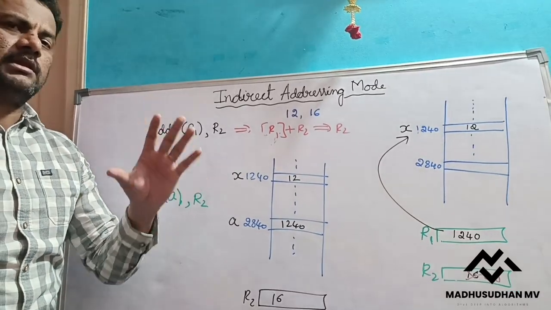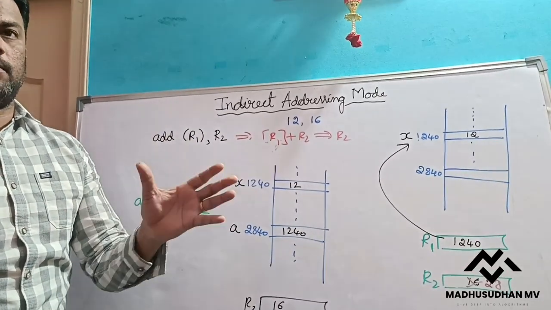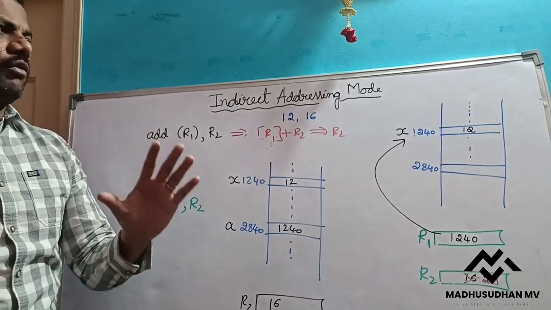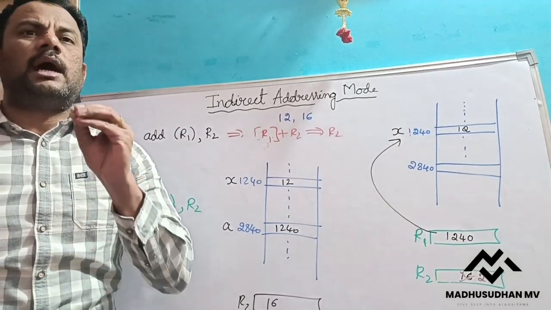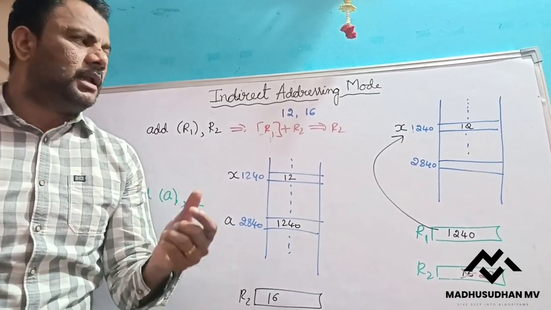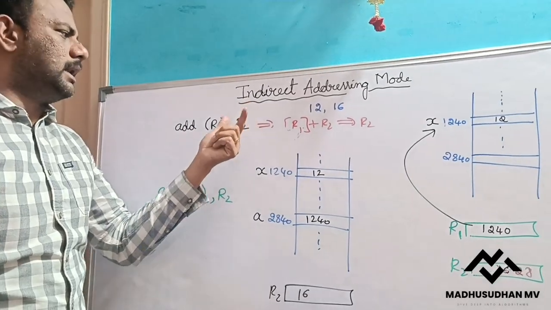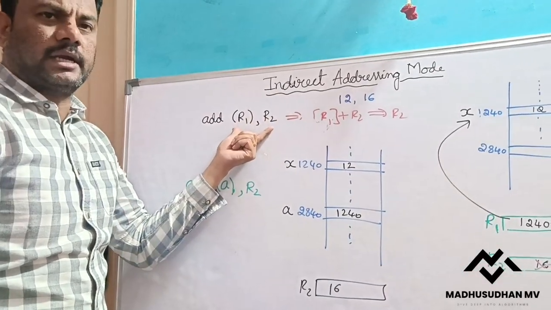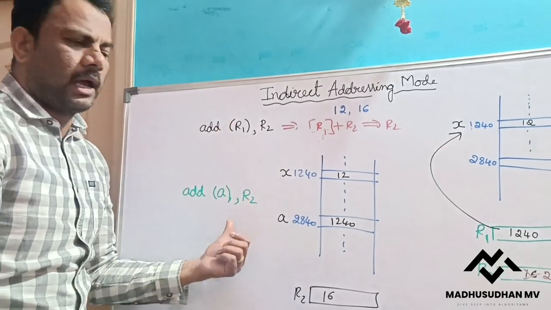If we are using a normal variable, that is a local variable or a global variable, an ordinary variable, then we have to use direct addressing mode. Direct addressing mode is also called absolute addressing mode. But when you are handling a pointer variable, then you have to go for indirect addressing mode. Again, indirect addressing mode can be either register indirect addressing mode or memory indirect addressing mode. Okay, so hope you people understood.